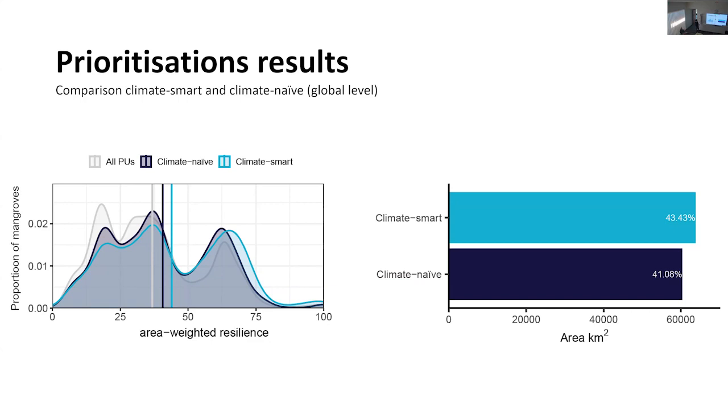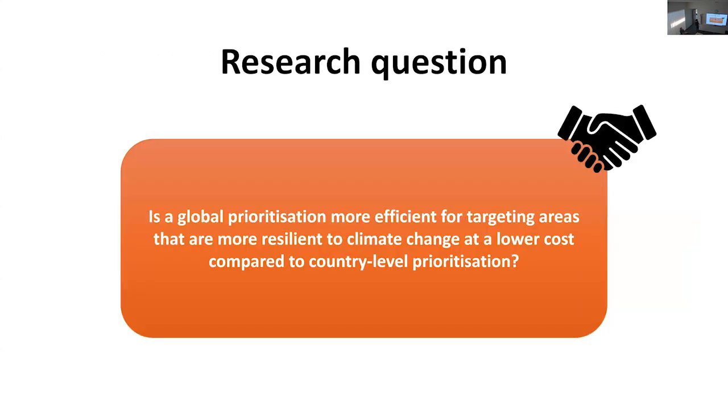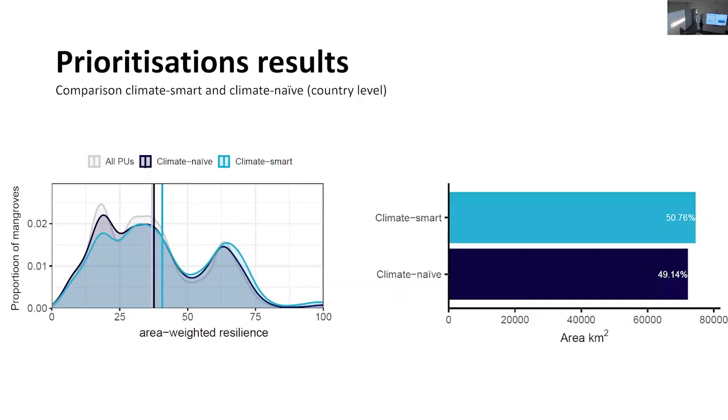And also, we wanted to see if the global prioritization is more efficient for targeting areas that are more resilient to climate change at lower cost compared to a country level prioritization. So what we did, we ran it also at a country level, so all the targets needed to be reached for each country.